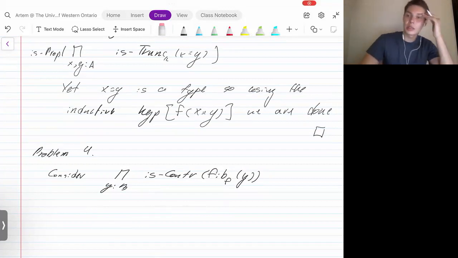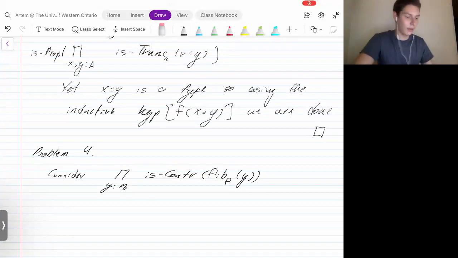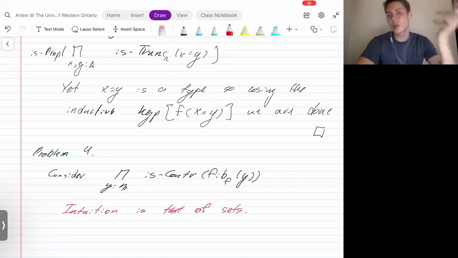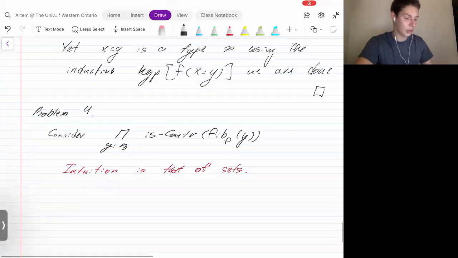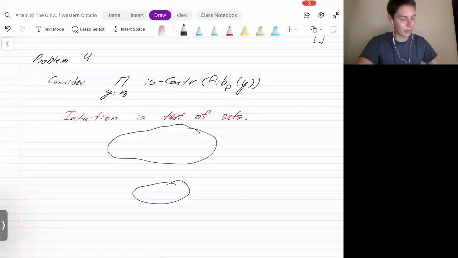So the question is, why is contractibility of fiber supposed to be a good stand-in for being equivalent? The intuition is that of sets. So how do you usually identify sets? Usually the way you identify sets is by using bijections. So think about there being some type at the bottom, some type at the top, and this function f going on.